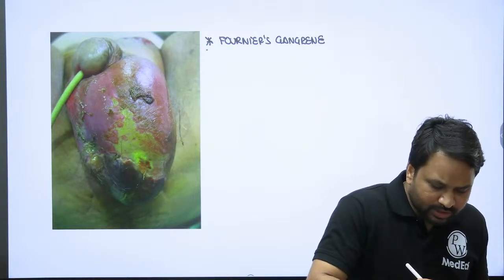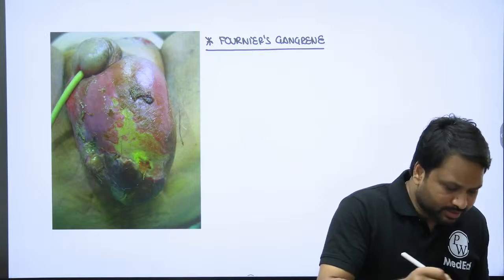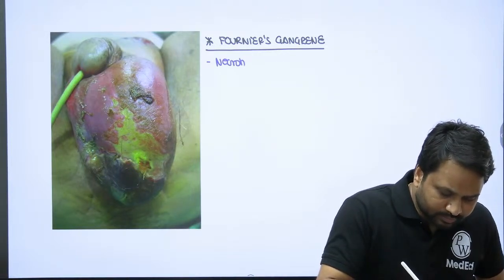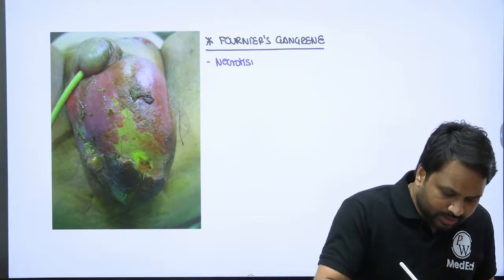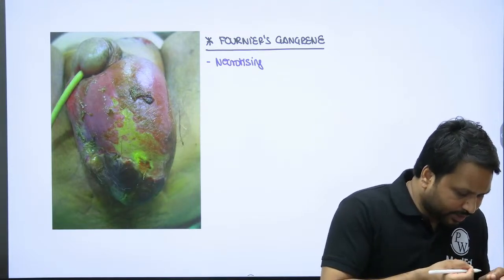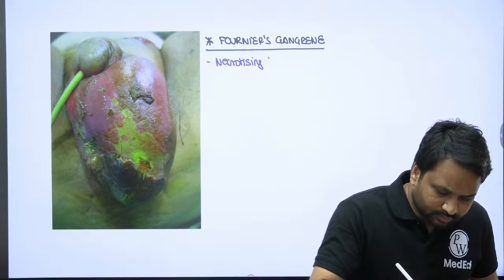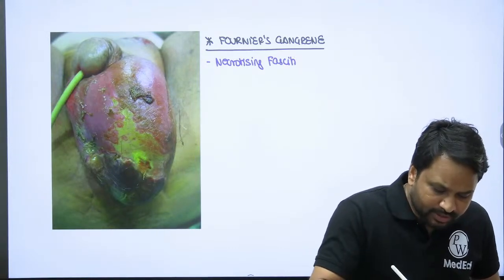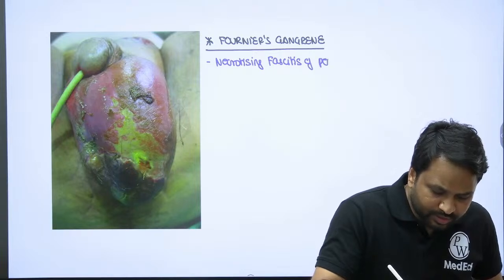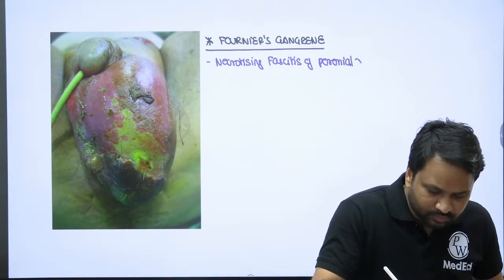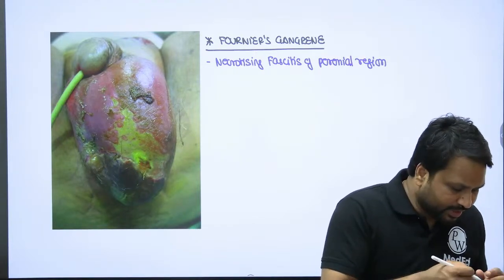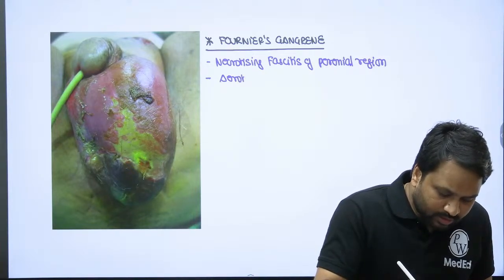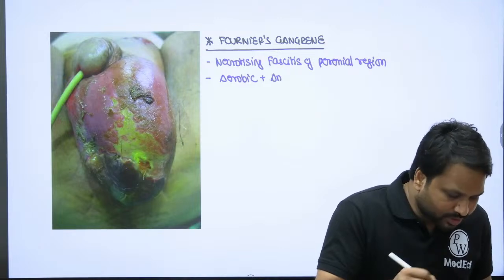When you say Fournier's gangrene, this is described as a necrotizing fasciitis of the perineal region. It is going to involve both aerobic as well as anaerobic infection.